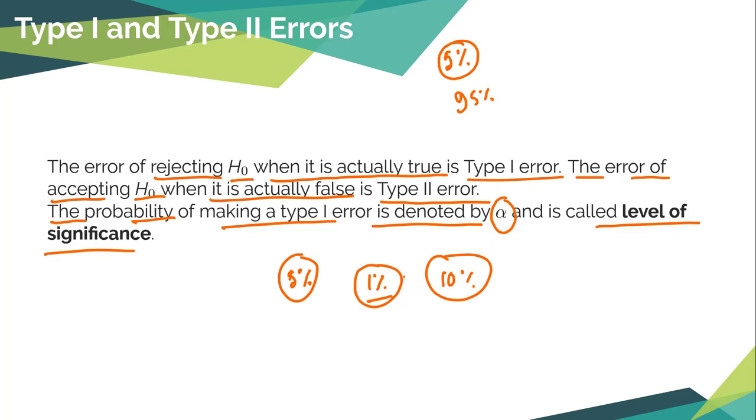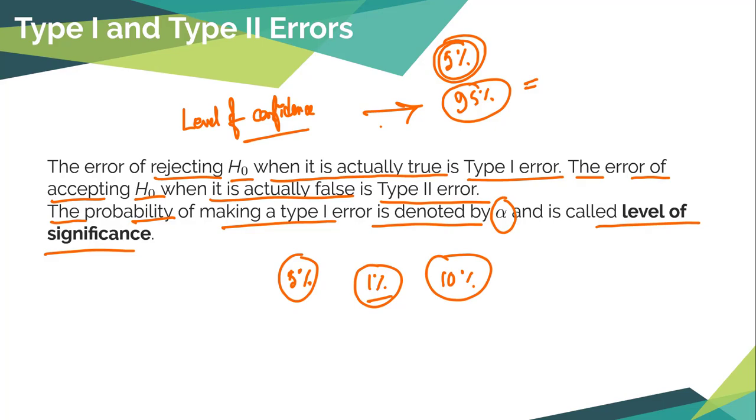The complement is, if your level of significance is 5%, your level of confidence will be 95%. Now what is the meaning of level of confidence? It means that I am 95% sure that my conclusions are correct.